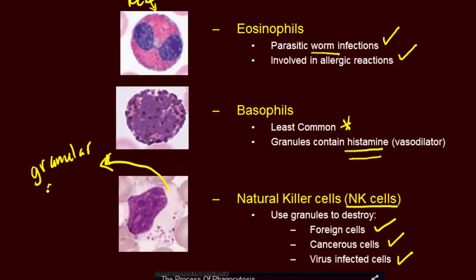So the granular contents will be dumped onto a cell, all right, and that will cause the cell they're dumped onto to undergo something called apoptosis, which is where the cell will essentially undergo a programmed cell death.